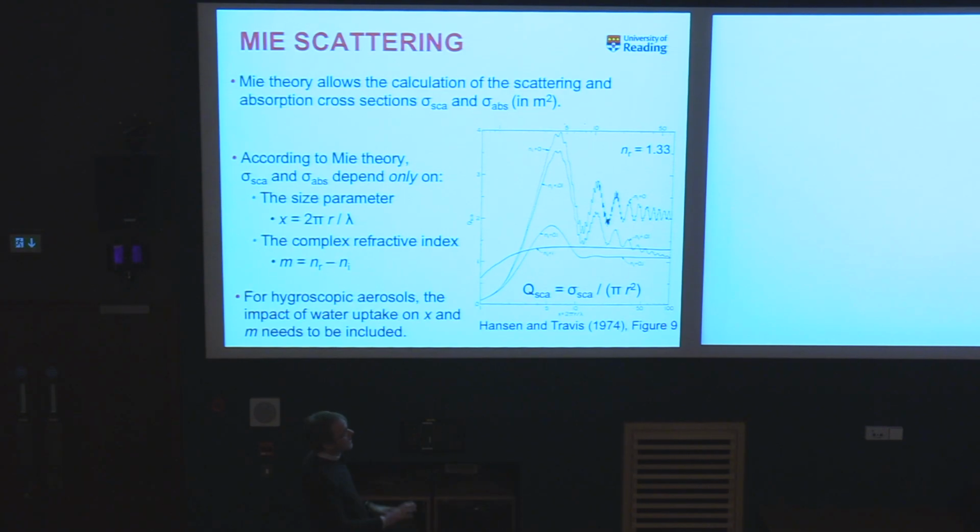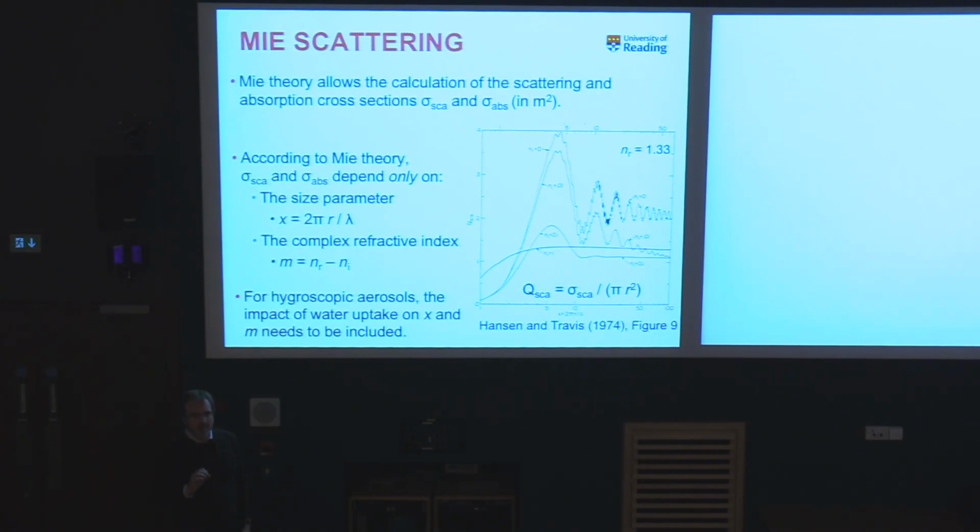So let's start with the non-absorbing case, the solid line at the top. You see first that this ratio depends strongly on the size parameter. So the size is a strong driver of the scattering efficiency. You see that there is a maximum of scattering at size parameters of around 2 pi, which means that your best efficiency at scattering is when you have about the same size as the wavelength of the radiation.